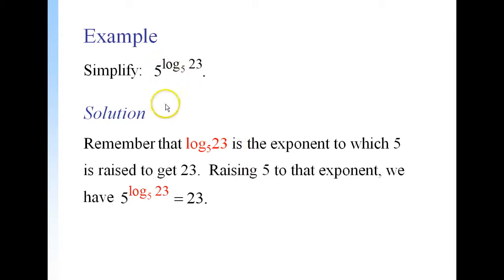And an interesting thing is that when it's in this form, the log base 5 of 23 is the exponent to which 5 is raised to get 23. Raising 5 to that exponent, we then have the result of this equaling 23.